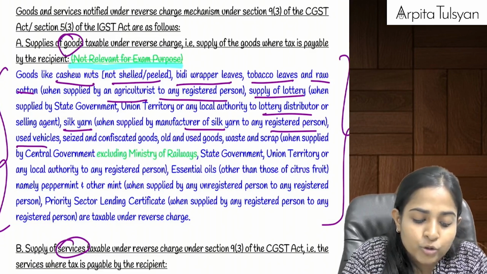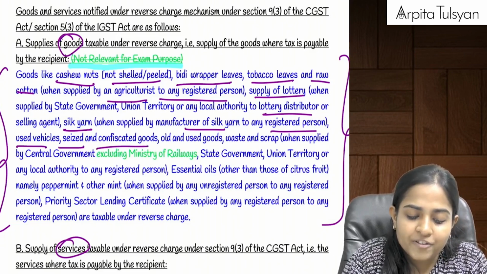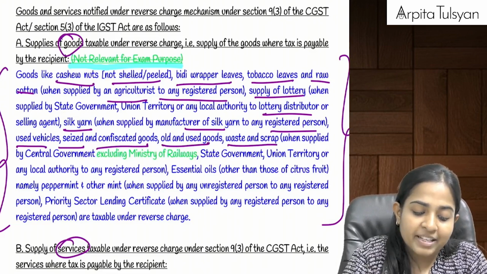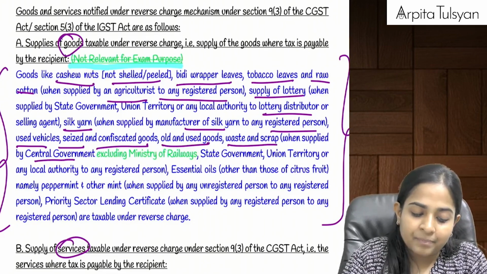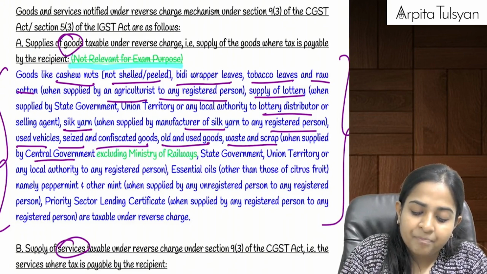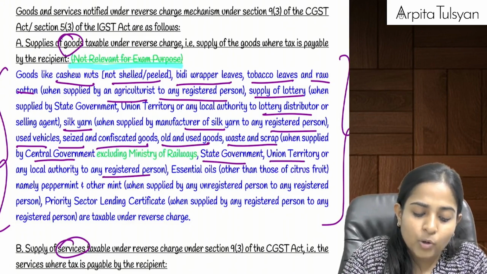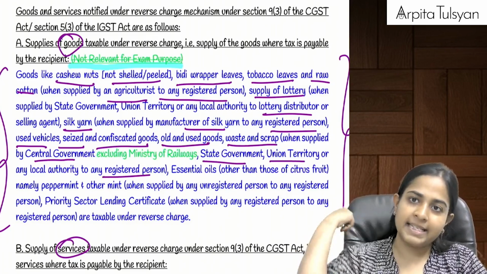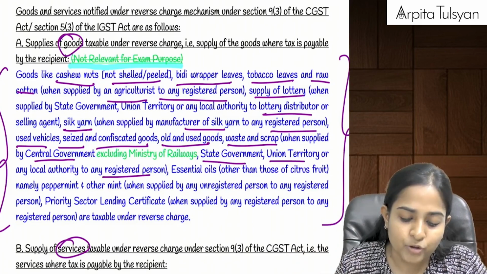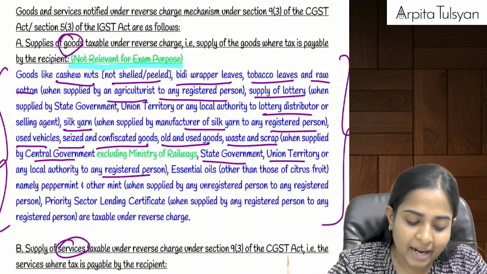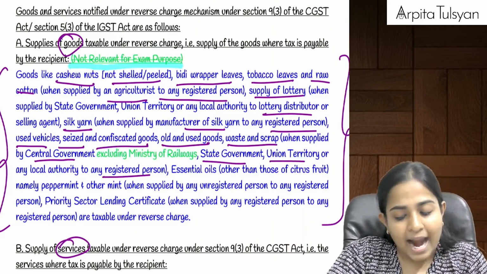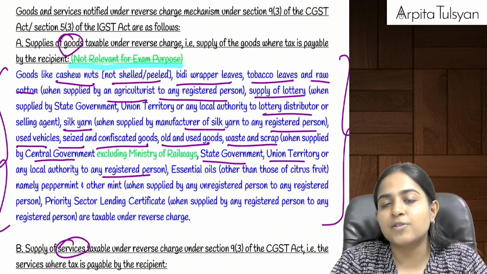Then used vehicles, seized and confiscated goods, old and used goods, waste and scrap when supplied by government, by central government, state government, union territory to any registered person. Now let's say the Ministry of Transport has seized some goods or it is having some used vehicles, etc., and when it is supplying to any registered person for its further use, at that time again, the government is not required to pay the tax.